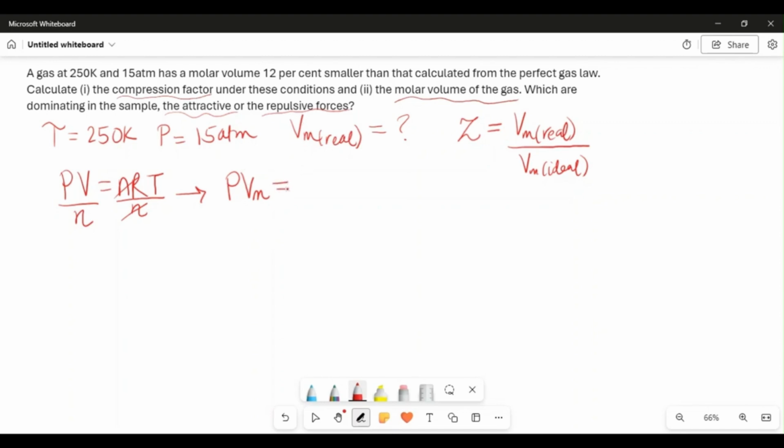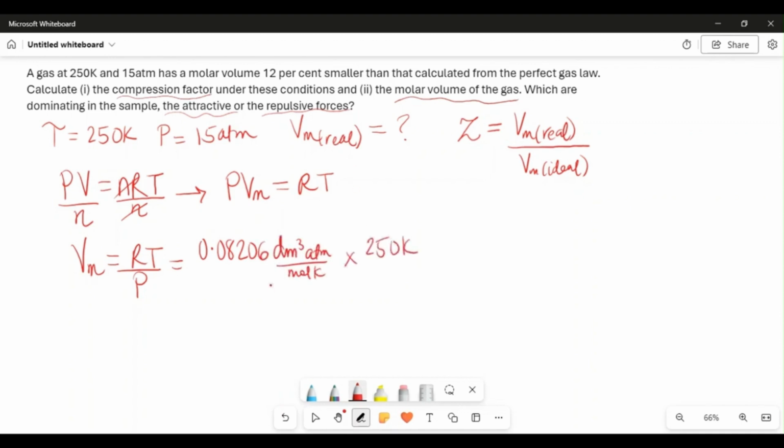So we have that equal to RT. We've been given our pressure and our temperature, and we know the gas constant. So the molar volume Vm is the same thing as RT divided by P. We start to substitute. The gas constant is 0.08206 dm cubed atmosphere per mole Kelvin, times the temperature, which we're given to be 250 Kelvin, divided by the pressure, which we know to be 15 atmospheres.